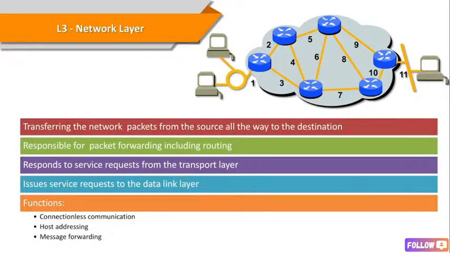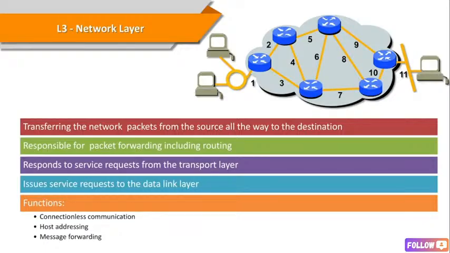Connectionless communication. For example, IP is connectionless in that a data packet can travel from a sender to a recipient without the recipient having to send an acknowledgement. Connection-oriented protocols exist at other higher levels of the OSI model. Host addressing. Every host in the network must have a unique address that determines where it is.